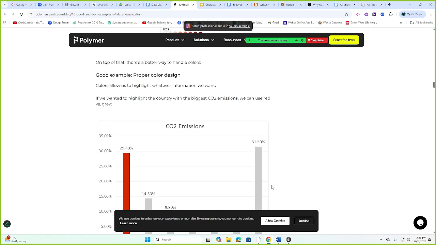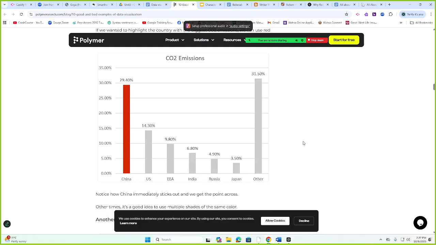So another example of better data visualization is following that. Now we have China, which is the leading polluter with 29.40%, right? And so we color that in red.